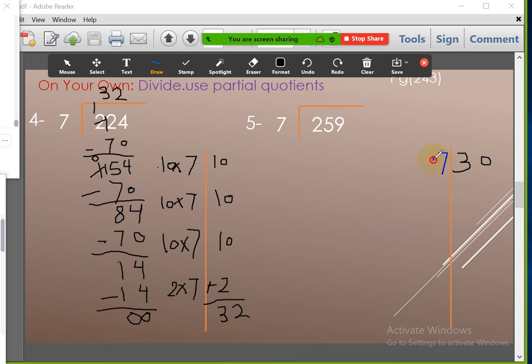I will multiply 7 with 30. To multiply a number with a tenth number, I have to multiply 7 with 3. 7 multiply 3, Rinad, equals 21.